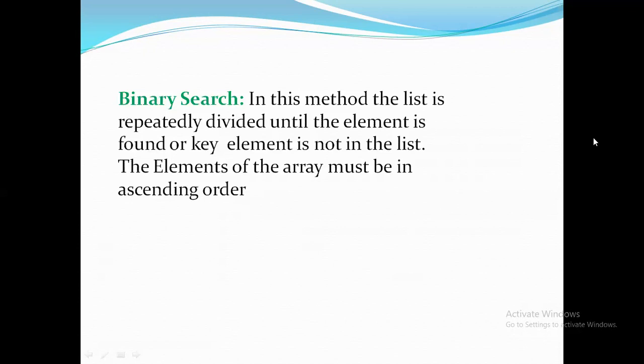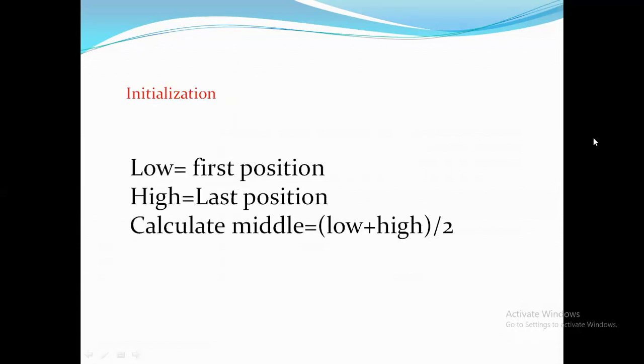To implement binary search, assign the first position, which is 0, to low. Assign the last position, which is n minus 1, to high.